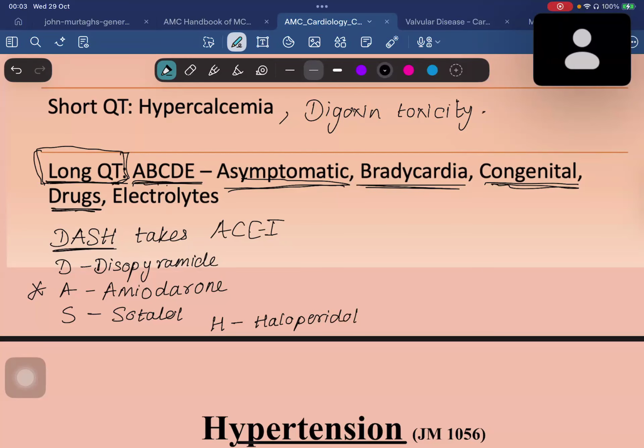They would just combine a psychiatric question with this cardiologic situation, like a long QT, and then we would just be thrown away. So that's how I remember DASH.